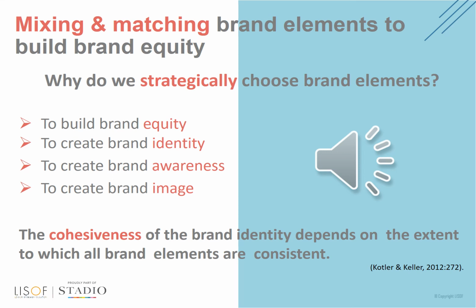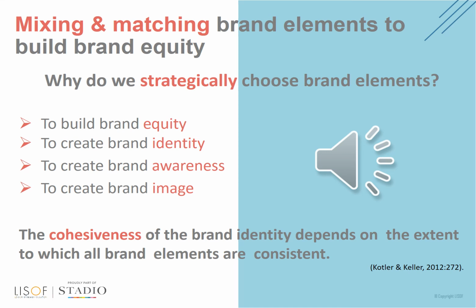Now, these are the reasons why we strategically choose brand elements and strategically choose how we mix and match them together. Now, the cohesiveness then of the brand identity depends on the extent to which all brand elements are consistent.